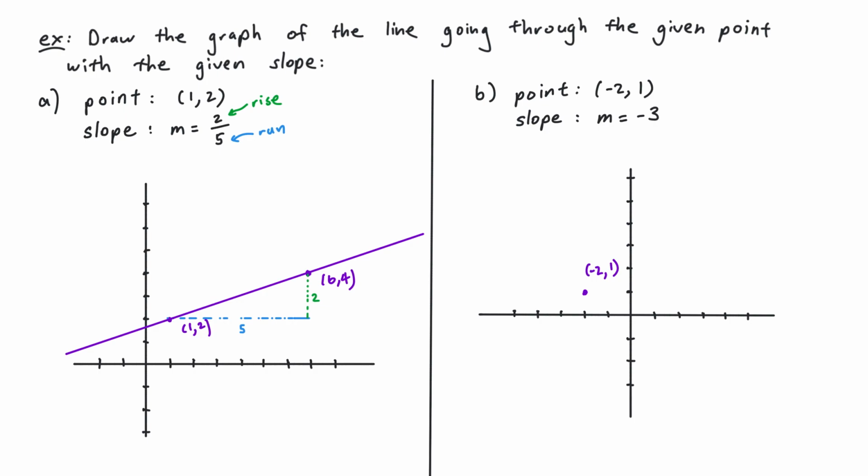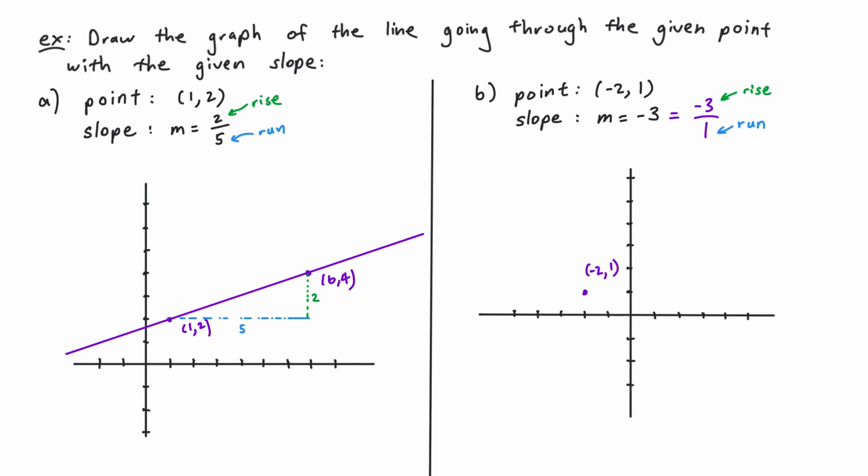But remember that any whole number can be turned into a fraction, so -3 here can be thought of as -3/1. Now that it's a fraction, our numerator, -3, will be our rise, and our denominator, 1, will be our run. This means that if we want to go from one point to another on our line, we have to go down 3 units and go over to the right 1 unit.